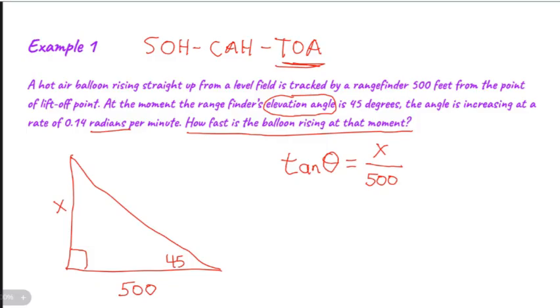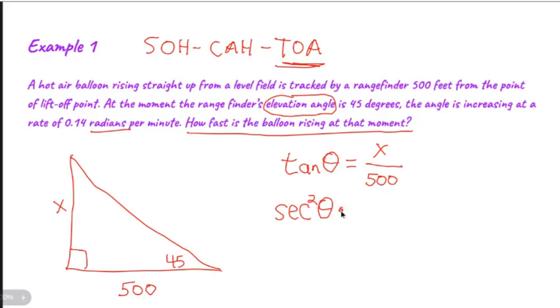So this is going to bring back some memories of implicit differentiation. What's the derivative of tangent? That would be secant squared theta. But when you're talking about rates, you're talking about a change over time. So we're not differentiating with respect to x or y like we normally would. We're differentiating with respect to time.